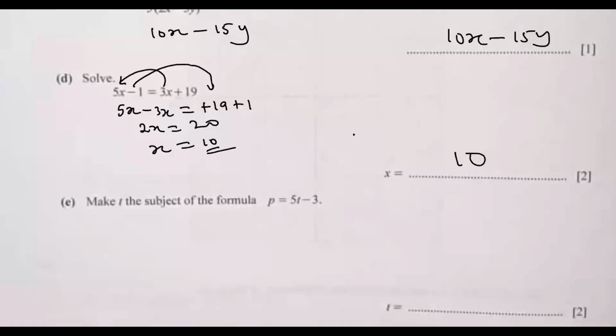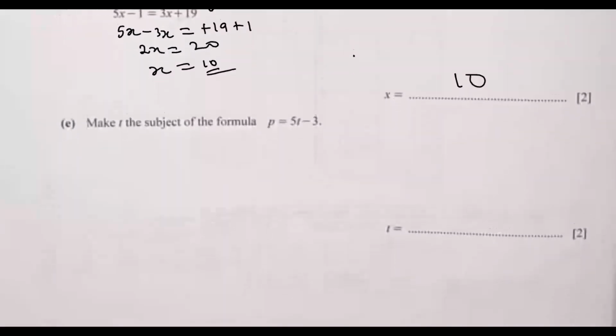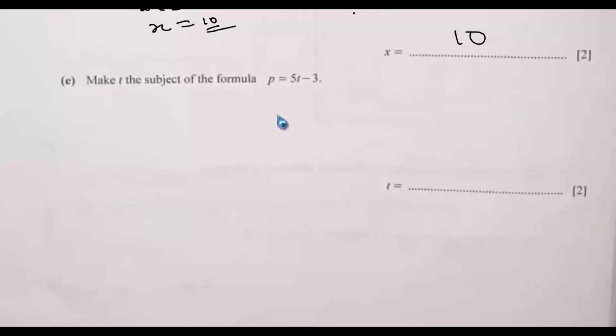Then part E, we're asked to make t the subject of the formula. From here, I have p equals 5t take away 3. So I need to bring negative 3 to the left hand side. It becomes positive 3, then equals 5t.